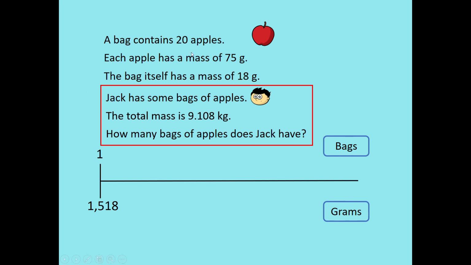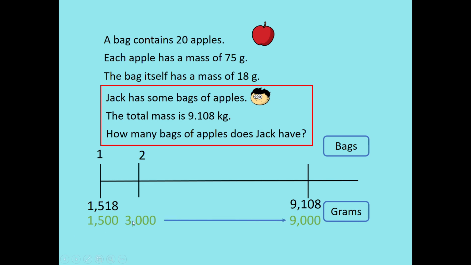I need to see how many times that fits into 9,108 grams. I've converted it by multiplying by 1,000. Now, we've got 1,500 here because what we're doing basically is we're rounding to make life a bit easier for ourselves. So 2 bags is approximately 3,000.